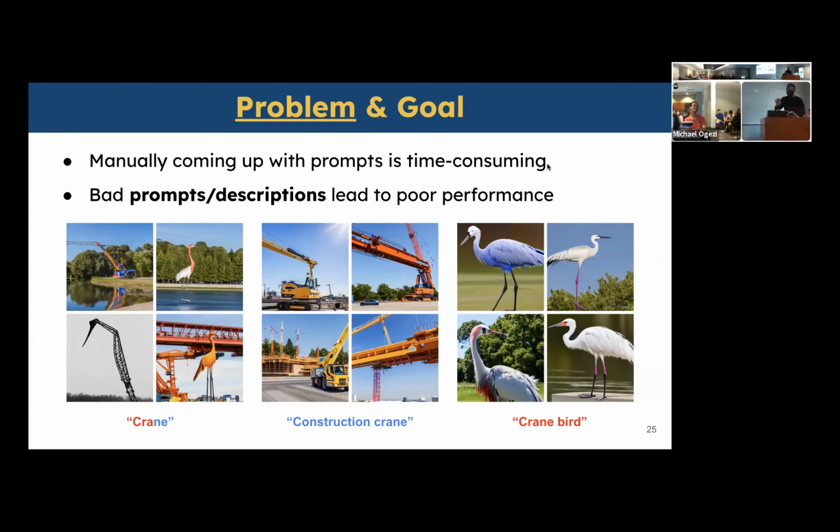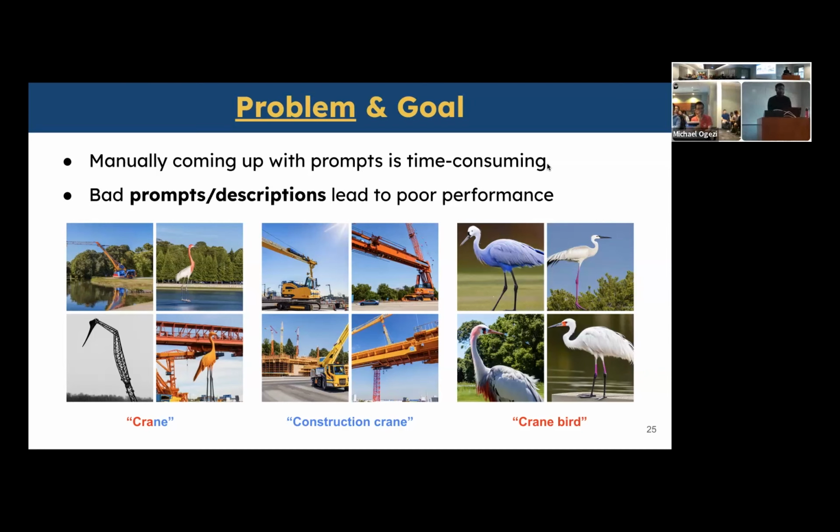The models are not great at understanding meaning. That's why augmenting them with attributes that bias the meaning towards what we want improves performance so much. When we have construction, we are able to control the model way more. It now shows consistently construction cranes. And when we have bird, it biases it towards generating what we want, and we have crane birds actually.